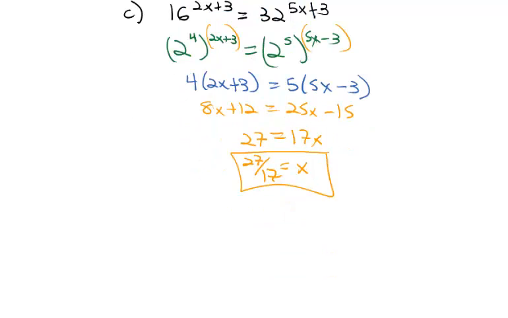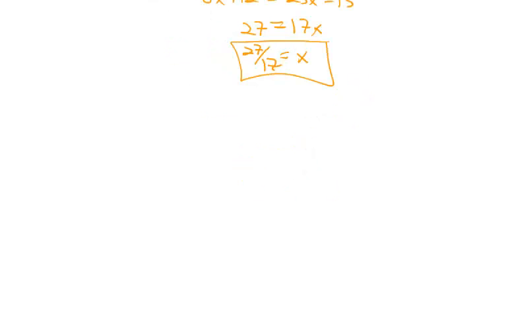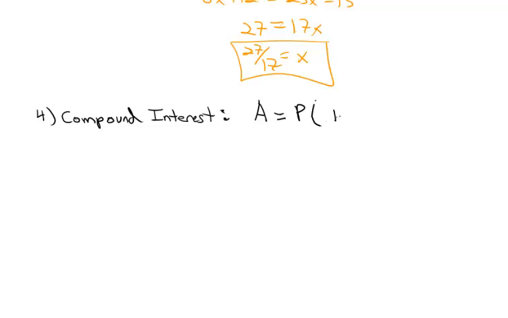Now, one application of these exponential equations that we're going to get more in detail with in tomorrow's video is this idea of compound interest. And you might remember this compound interest formula from some of your previous math classes, or maybe even some of your business classes. A equals P times 1 plus r over n to the nt power.